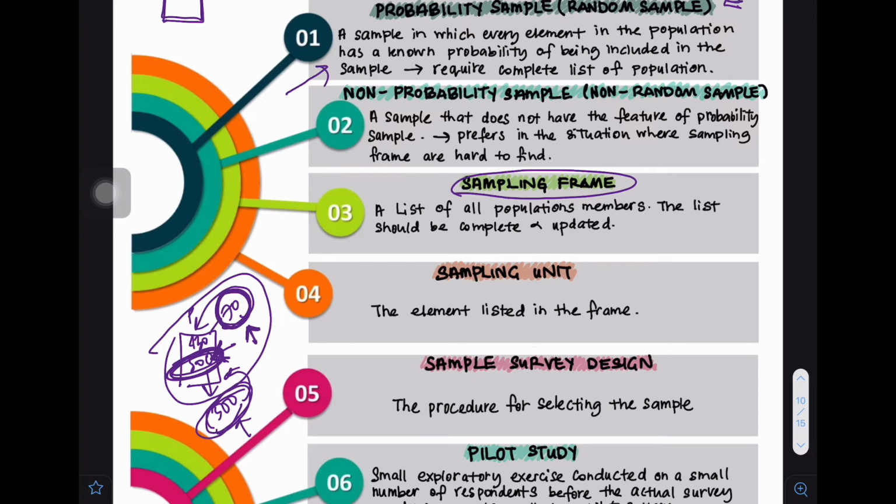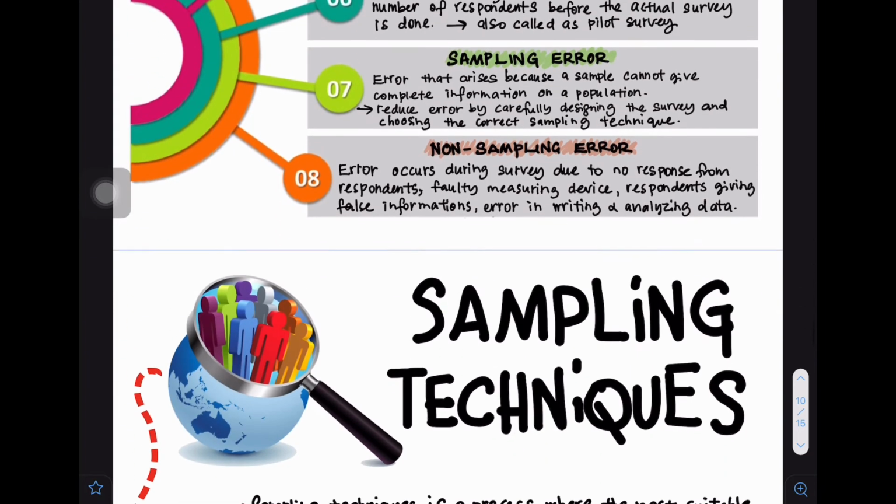Maksudnya, semua member dalam population tu ada kebarangkalian untuk kita pilih dia sebagai sampel. So, dia adalah probability sample. Okay, syaratnya kita mesti ada sampling frame, di mana sampling frame ni adalah senarai semua member dalam population tu, tak boleh tertinggal walaupun satu.